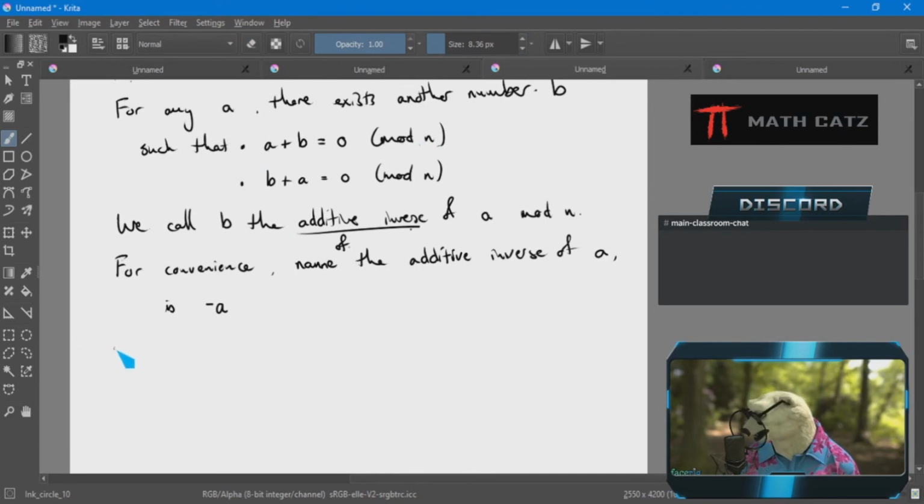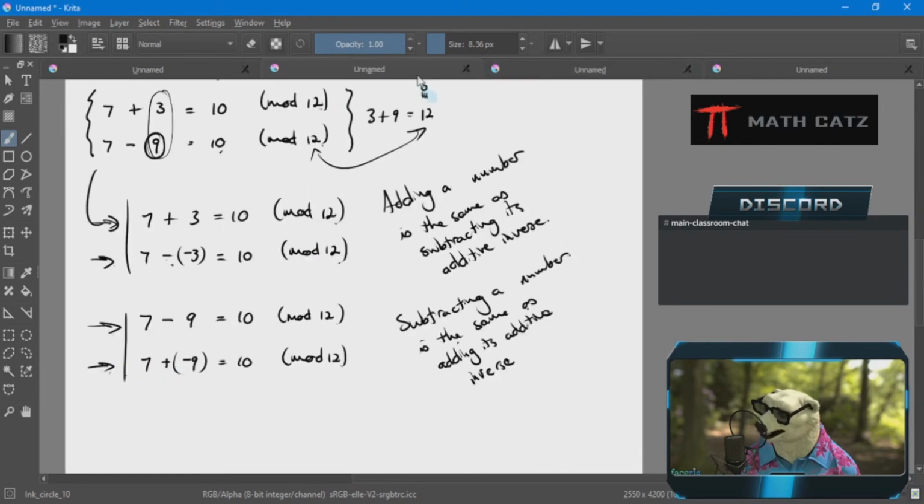So just in general, I'll give you an idea here. What I want to show, for this specific example, is that if I subtract a number, it is the same as adding its additive inverse.